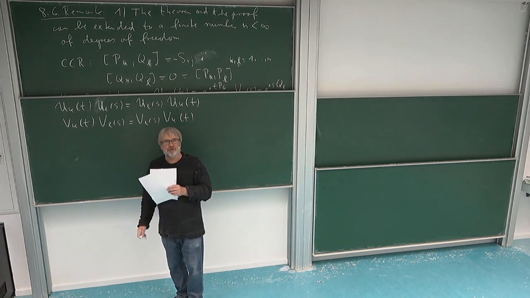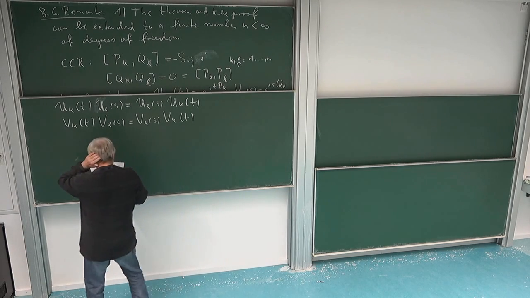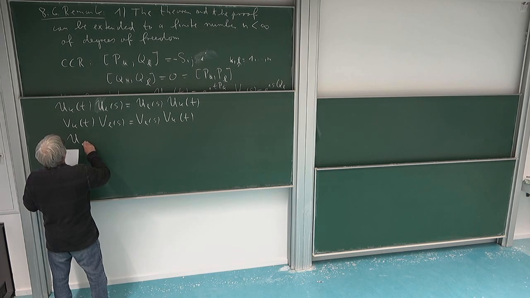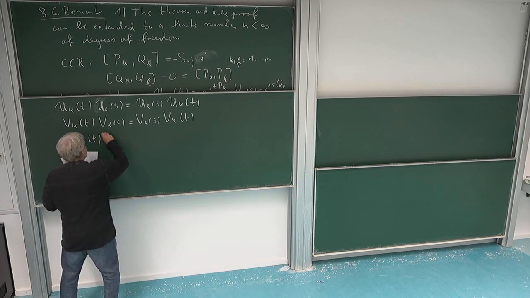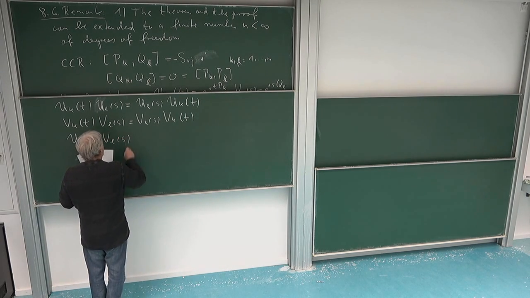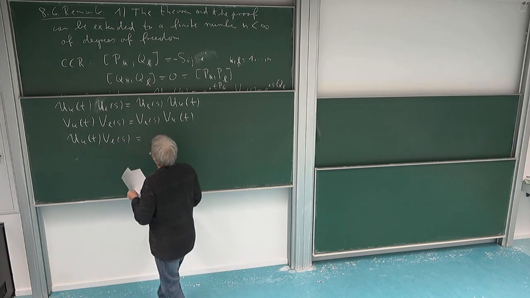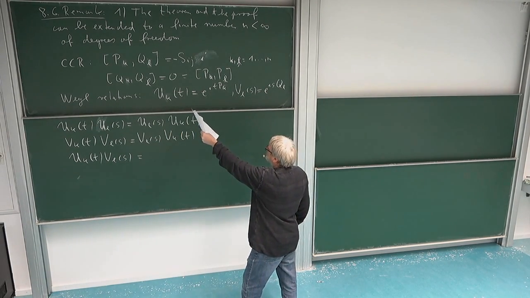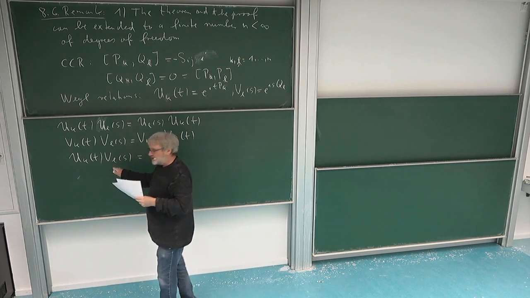And the only non-trivial relation is again the one between the U and the V. But now again I have the U_k of t and the V_l of s. And again, because the P and the Q commute, if the indices are different, those guys will also commute.